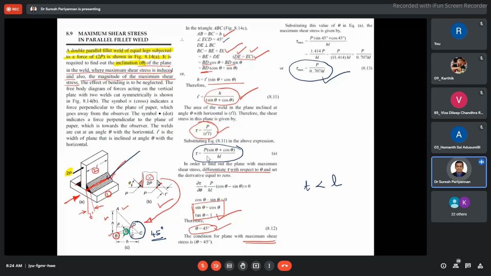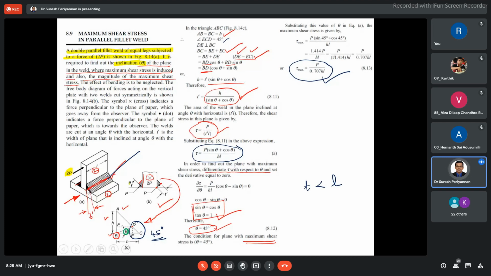Now the maximum shear stress in the parallel fillet weld: we discussed and came to know that theta is equal to 45 degrees, when we consider the triangular cross section of the weld. There are two types we discussed, the convex shape weld and the triangular shape weld.